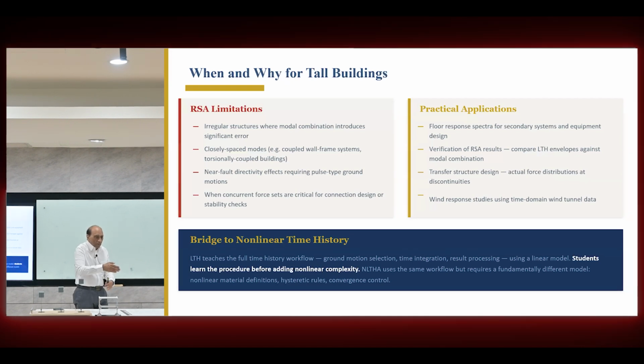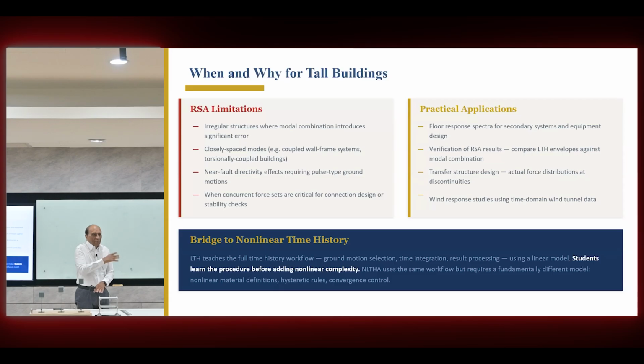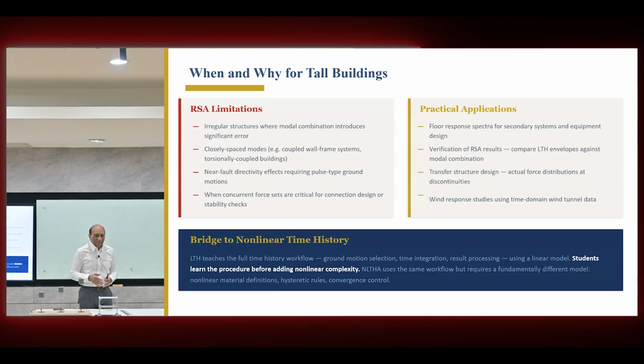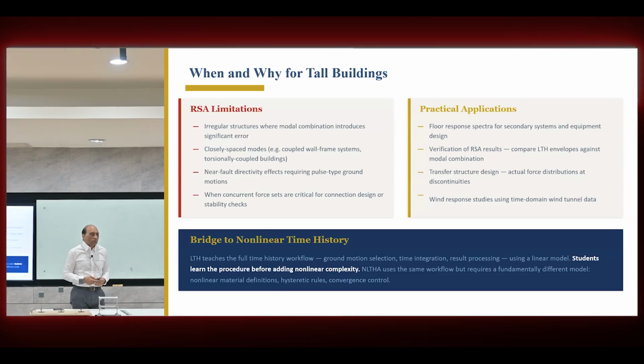Along the fault and across the fault, ground motions are very, very different. And then for a near fault, they should be used individually, not combined later through the RSS or CQC, or the 30, 40%, or 100-30-30 rule. So the directional combination rules also do not apply.